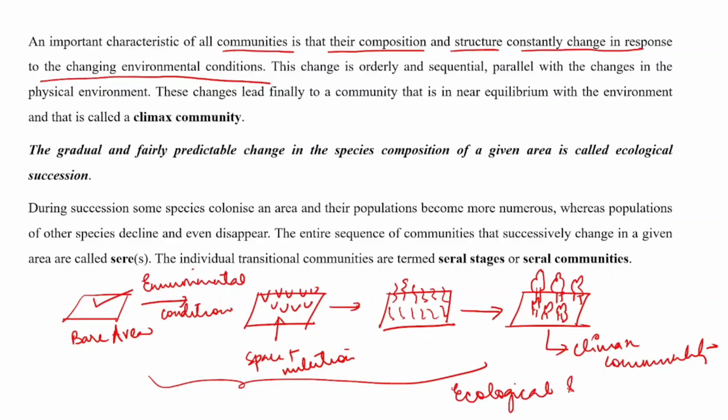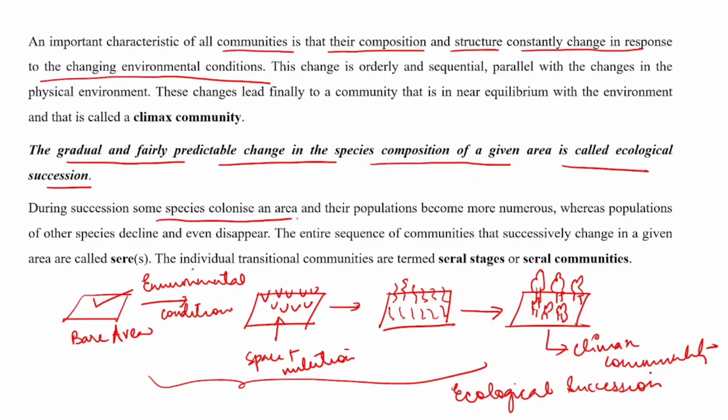What do we call this? Ecological succession, right? The gradual and fairly predictable changes in the species composition of a given area is called ecological succession. During succession, some species colonize an area and their populations become more numerous, whereas populations of other species decline and even disappear.